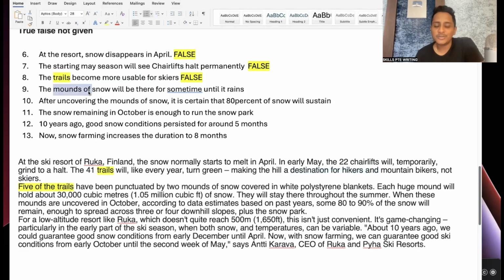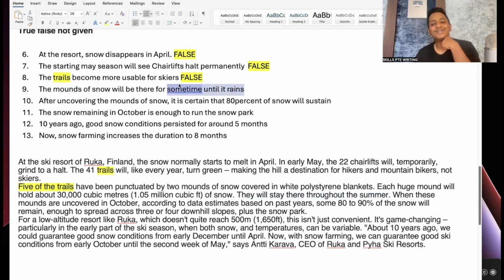The mounds of snow means you put the snow like this. Mounds mean some projections. The mounds of snow will be there for some time until it rains. Pallavi correct, Shubham correct. The two mounds of snow covered in white, the huge mounds, will stay throughout the summer. Until it rains, will they be there or not?